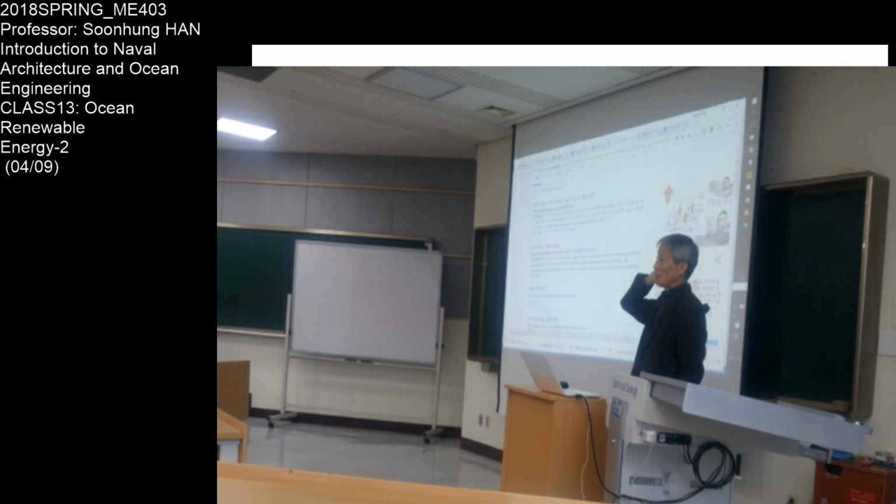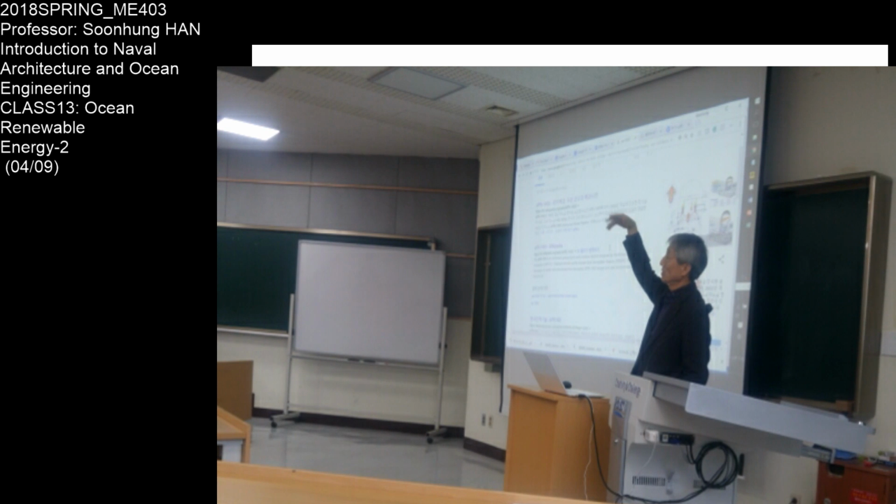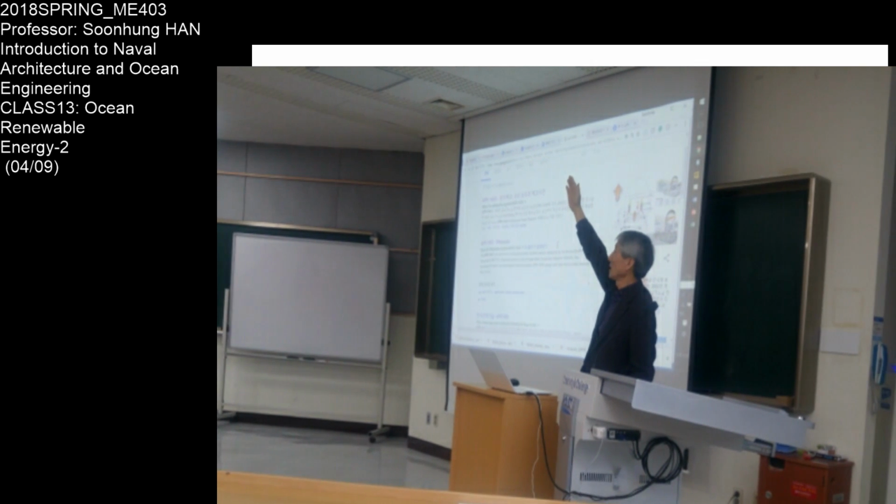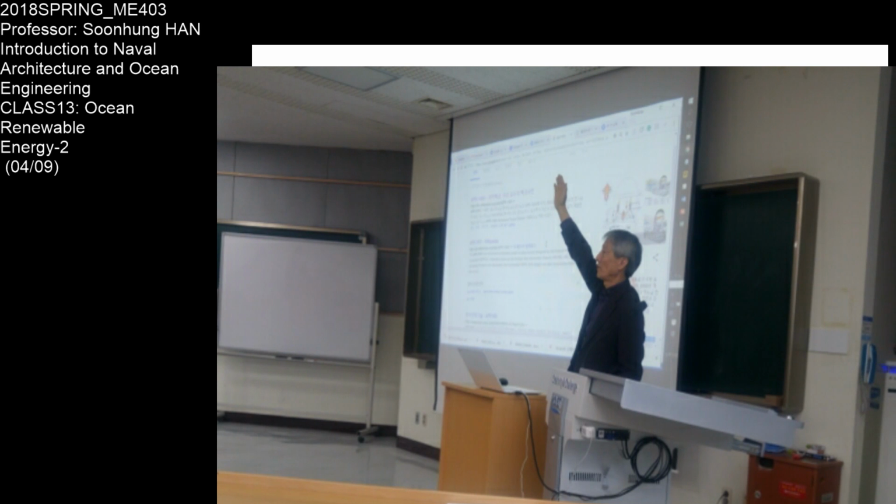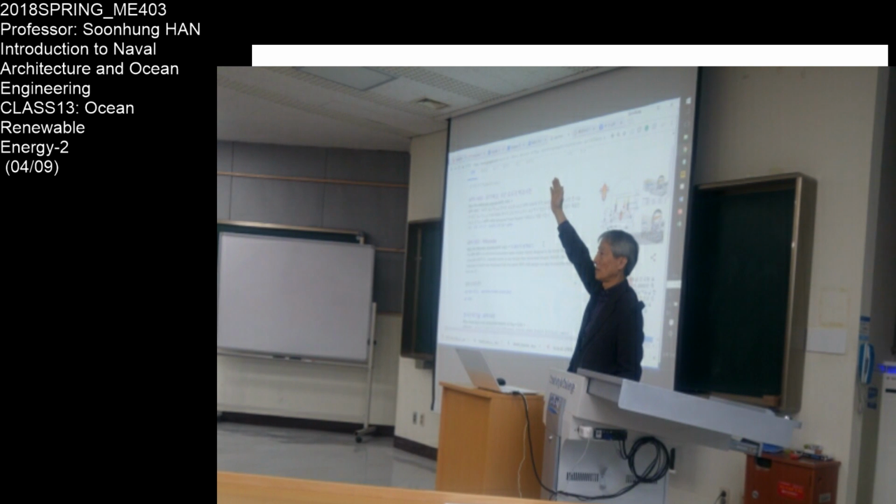Very big. 5 megawatt wind power generation means the length of a single blade is 50 meters. 50 meters means more than 10 floors.